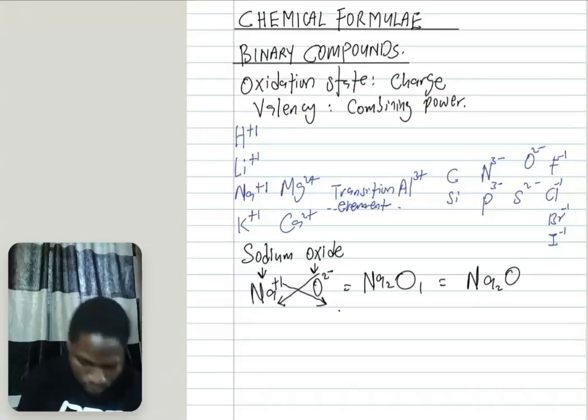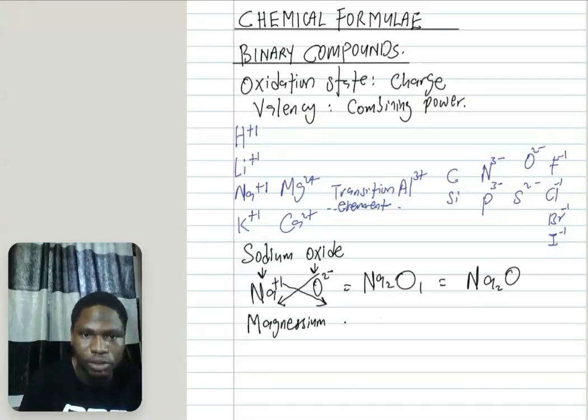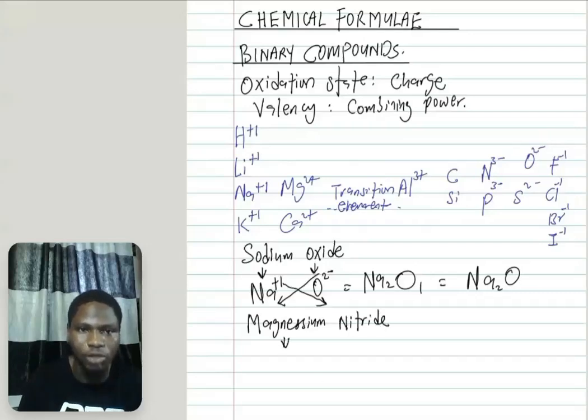Now, the next question. If you are asked to write the formula for magnesium nitride, how do you write it? Check magnesium here. That is Mg2+. Also, check nitride. Nitride here is nitrogen, and that is N3-. To write the chemical formula for this compound, this will be done by the exchange of valency.